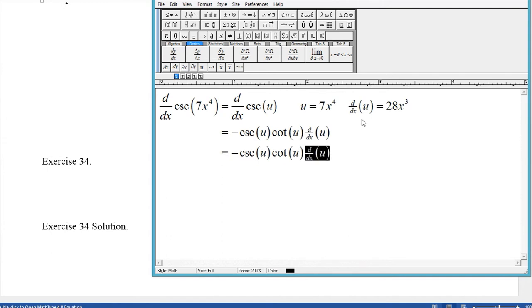So du over dx, or d over dx of u, is 28x to the third, which I'm actually going to move to the front here. And then the u is the 7x to the fourth, which I'm going to replace this u and this u with. So there we go.